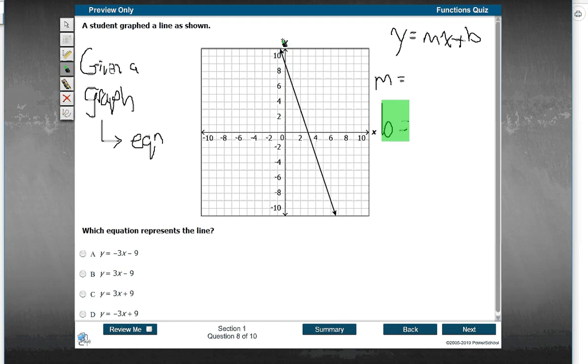I'm going to highlight the y-axis, and right away, at what point does the graph of that line hit the y-axis? It's at this point right there, which we can count: 1, 2, 3, 4, 5, 6, 7, 8, and 9. So our value for our y-intercept is going to be 9.